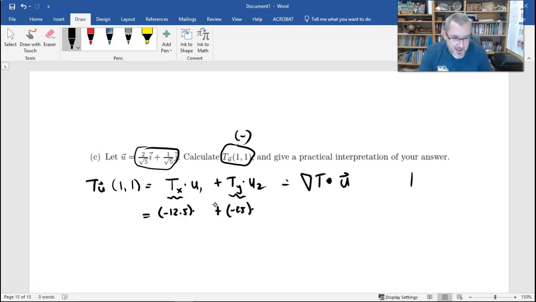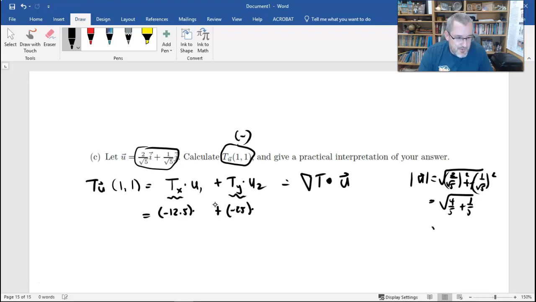Well, let's just check. The magnitude of u is the square root of (2 over the square root of 5) squared plus (1 over the square root of 5) squared. This thing squared would be 2 squared, 4, over the square root of 5 squared, which is 5. 1 squared over the square root of 5 squared.